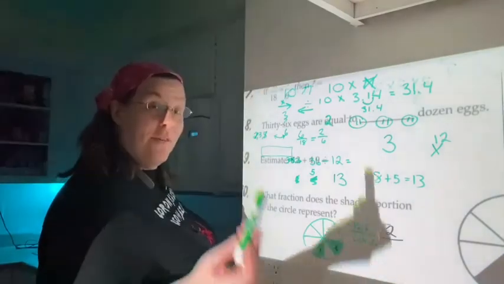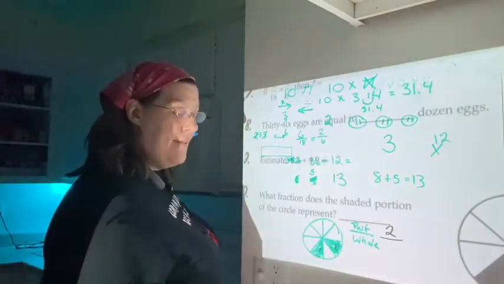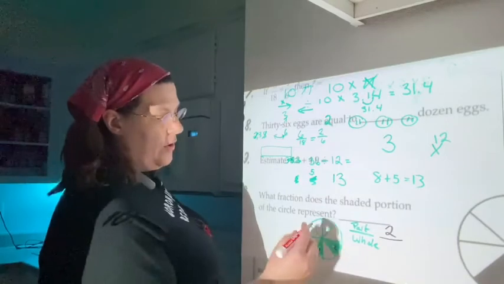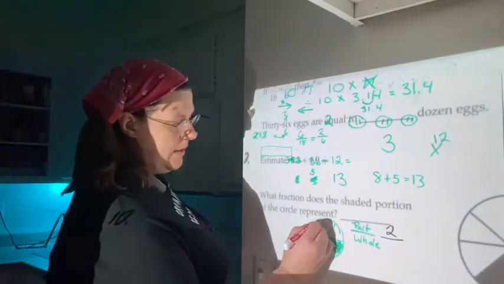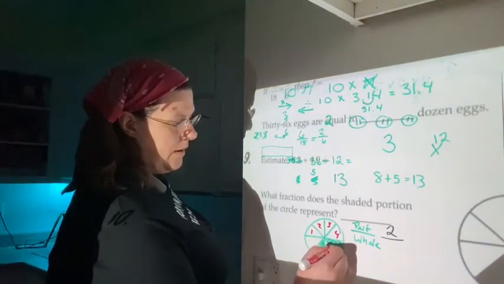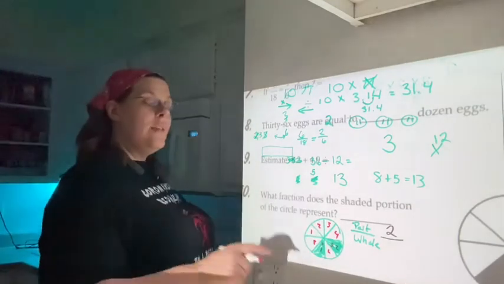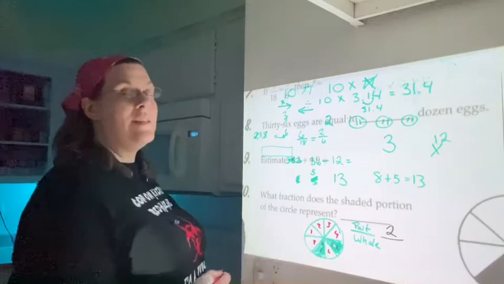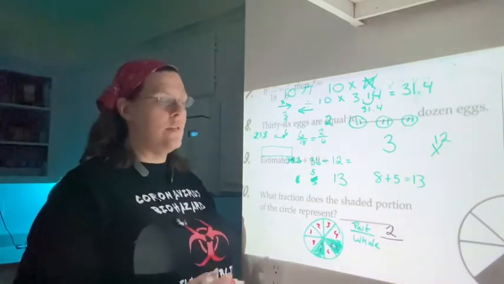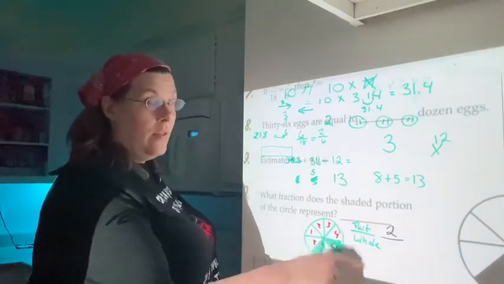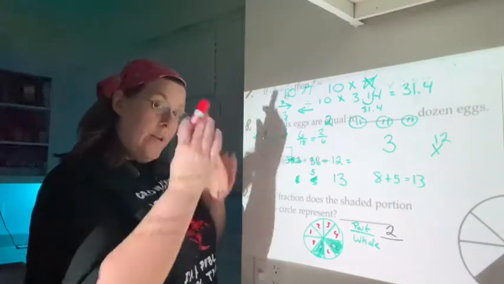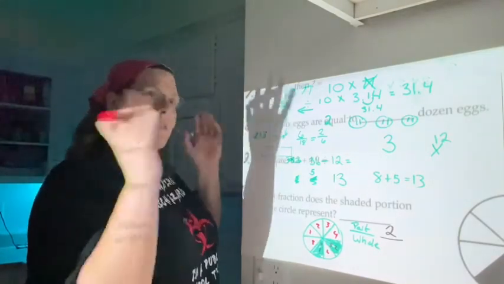Oh, I managed to do that whole thing without having to throw my cap away because I didn't fidget. Good for me. So now we do the whole. 1, 2, 3, 4, 5, 6, 7, 8. Did you see that I put those little numbers in every portion, even the shaded ones, because you're trying to figure out how many pieces there are all together.